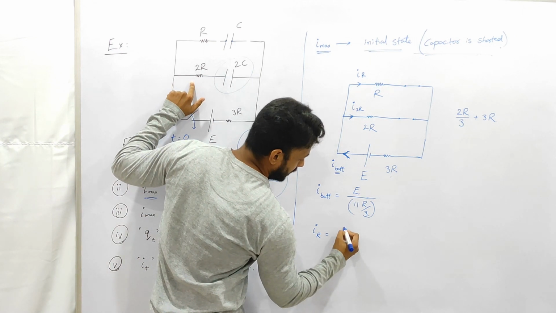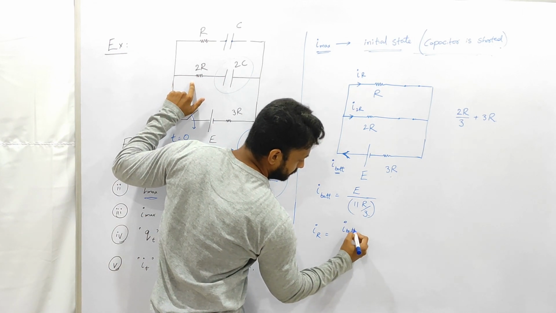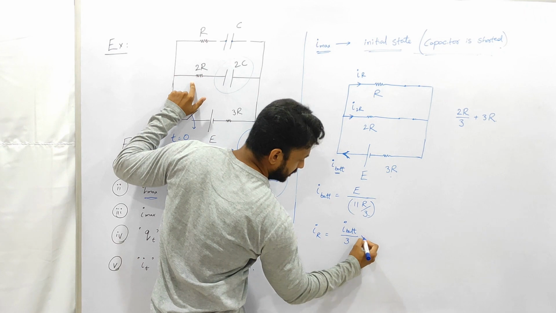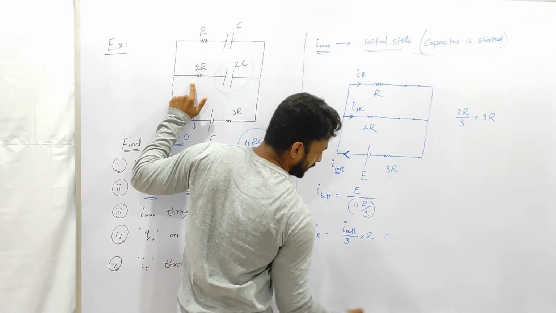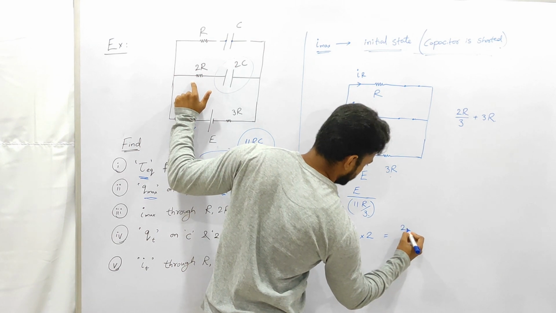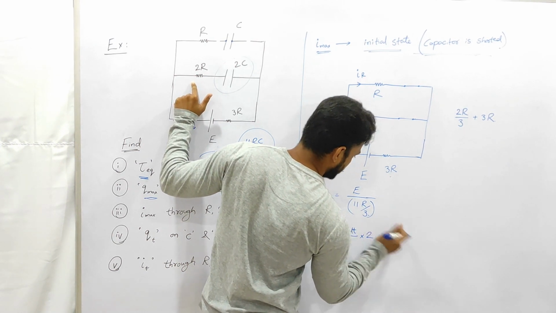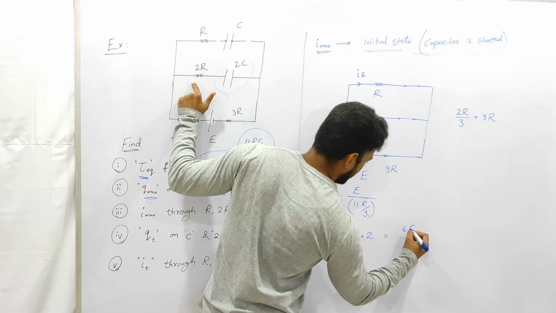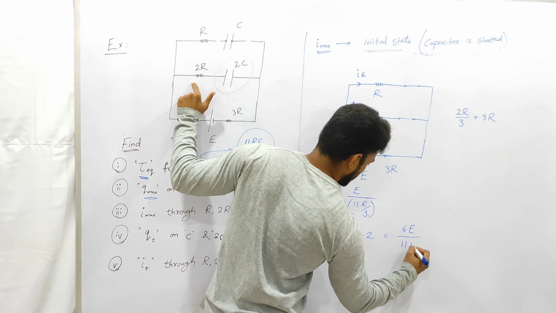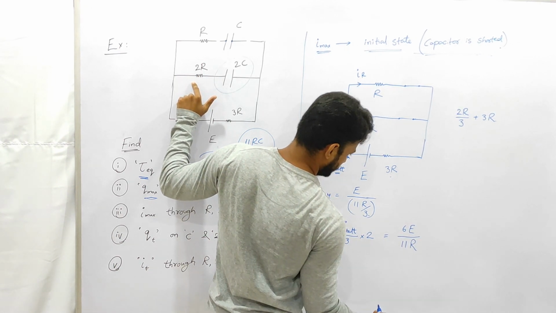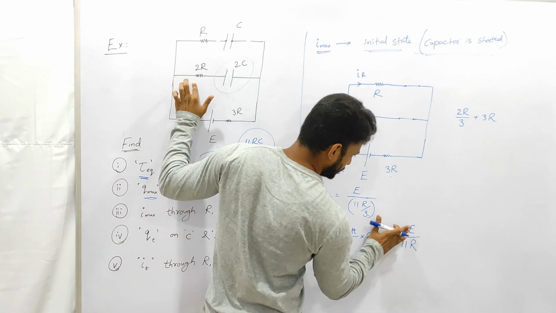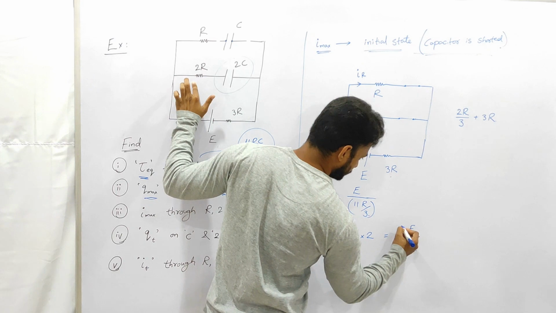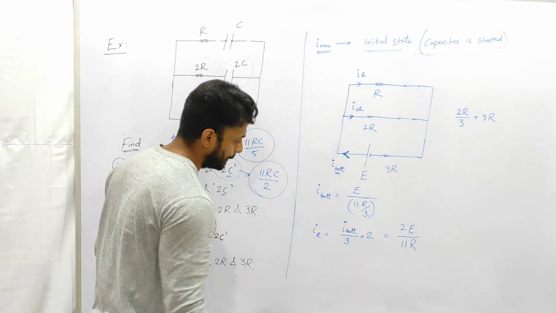So let me write the battery current by 3 into 2, that is 2E by 11R. Let me check it out. It's 2E. 2E by 11R you get.